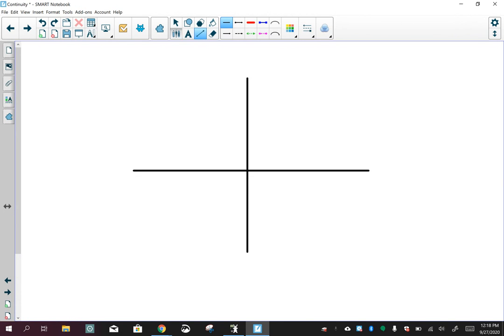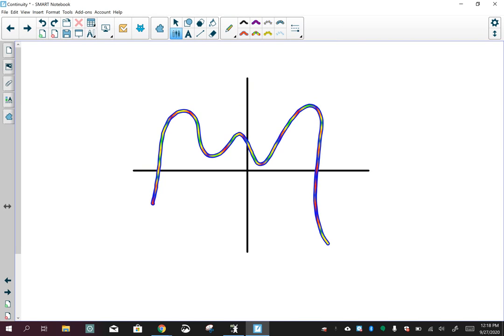So if I've got this function and it does something like this, right? If I'm going from, let's say, this a value to this b value, I could look here and I could actually not have a sign change.